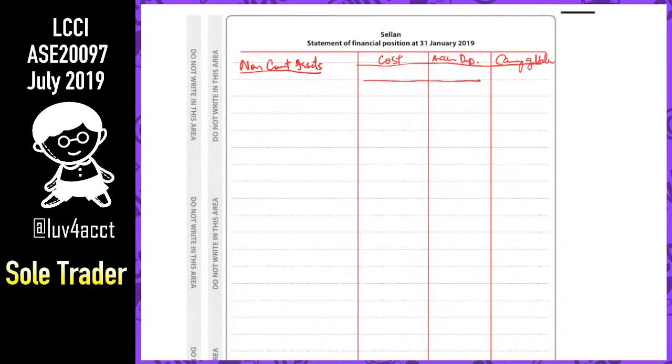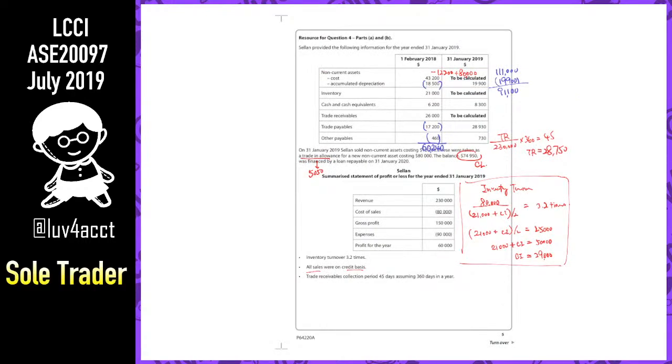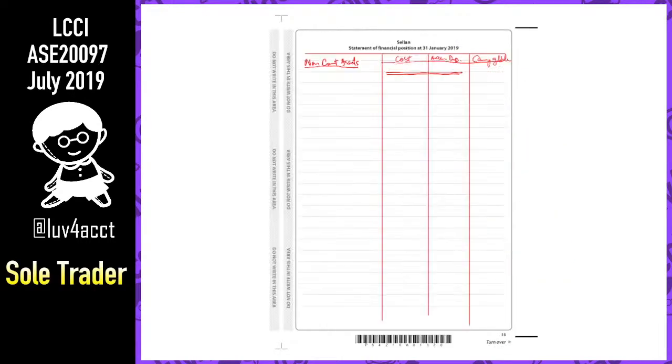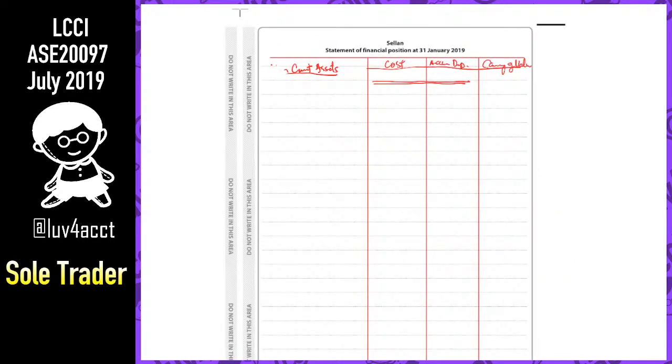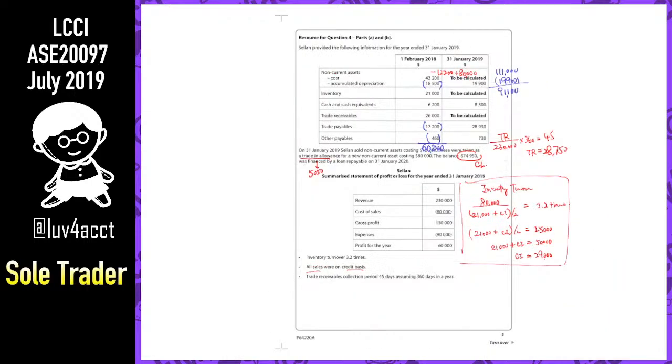We only have one item here. And then here we have 91100, 111.